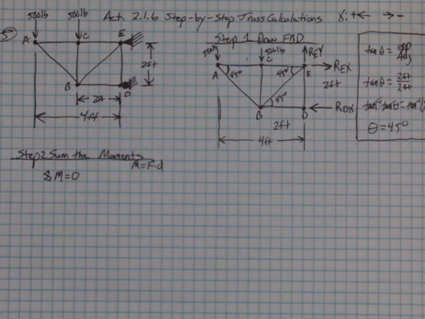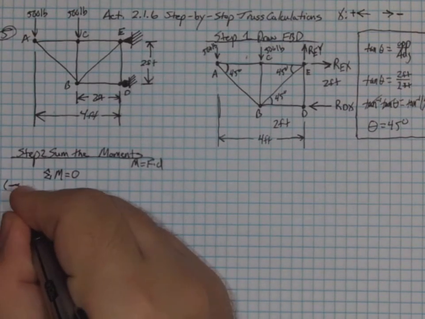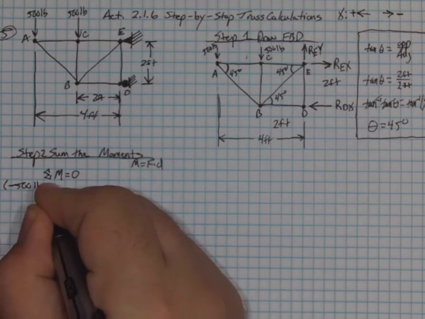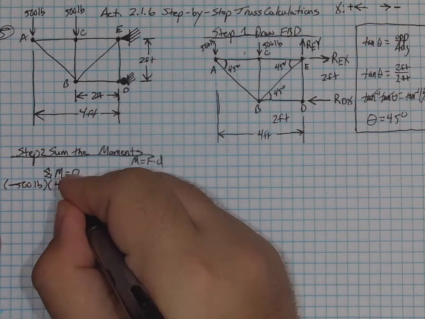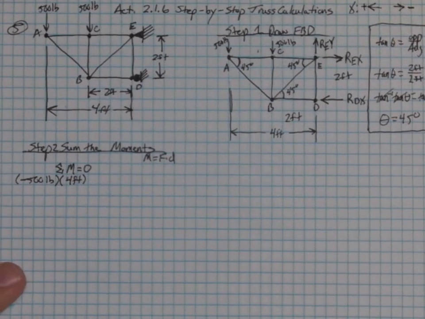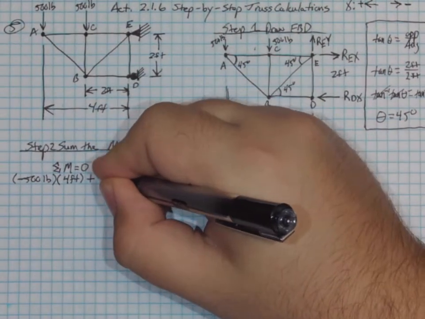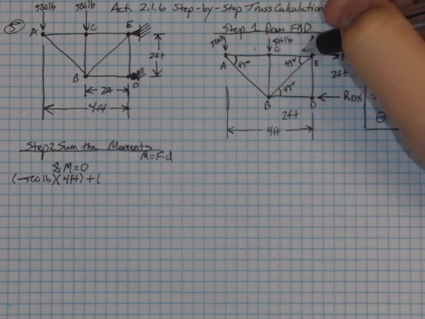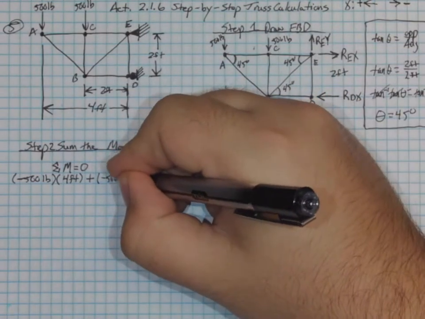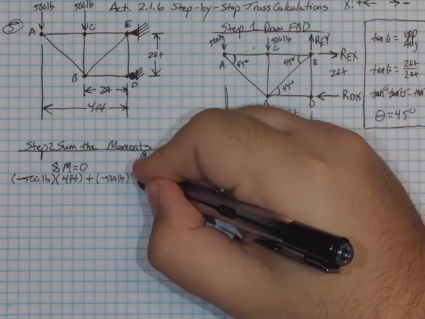Okay, because of this rotation, since this is going downward, it's negative 500 pounds times 4 feet away, again the perpendicular distance to where the force is being applied. Plus, as I look at the next one, 500 pounds acting downward is going to generate the same kind of moment, so negative 500 pounds, which I label as a negative force, times 2 feet.